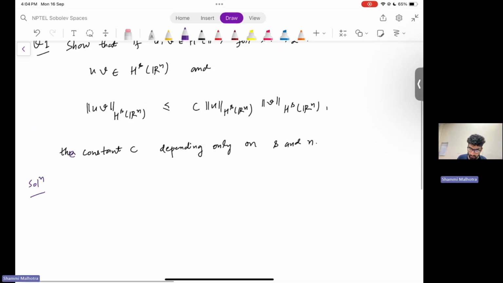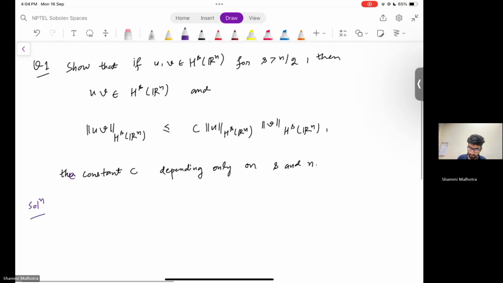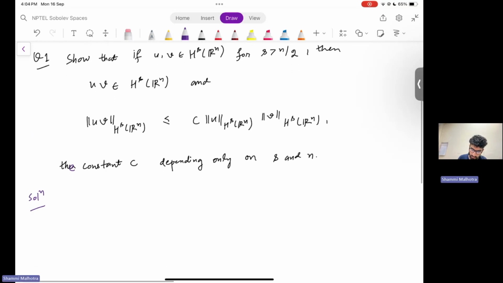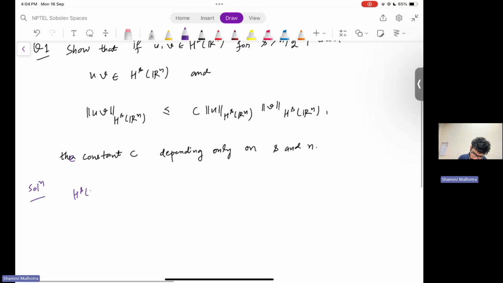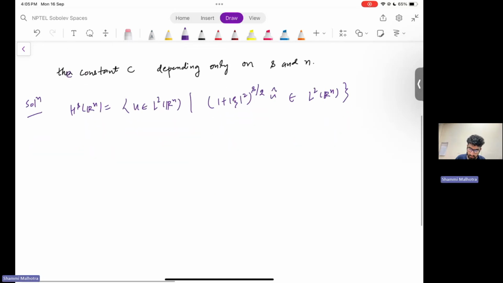One thing which we would like to use here is that H^s(R^n) is nothing but all those functions in L^2(R^n) such that (1 + |ξ|^2)^(s/2) times û has to be in L^2(R^n). This is the equivalent definition for this space.